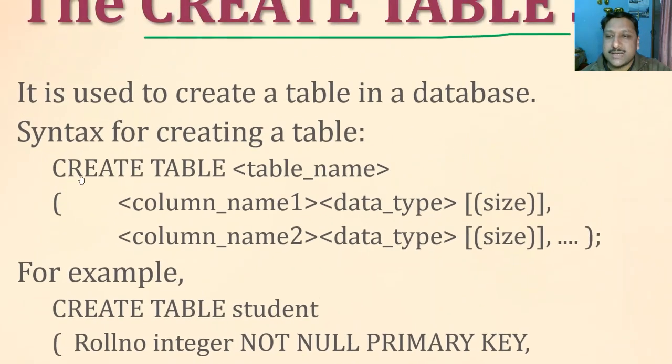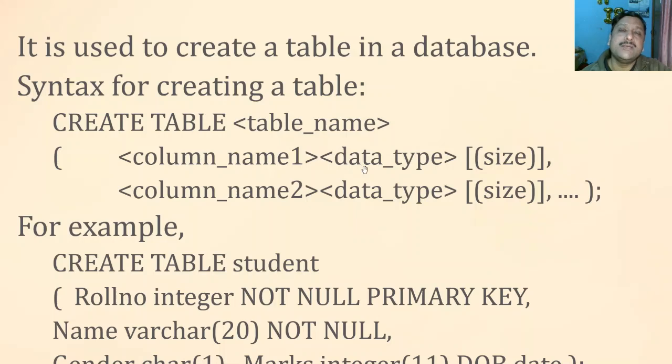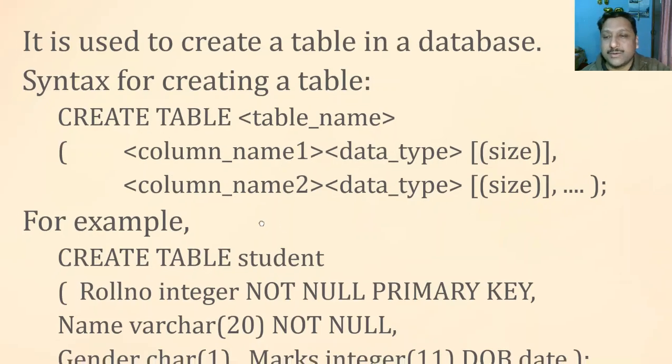Create table, then the table name, and within brackets you write the column name, then data type, then size. If the data type needs a size, then the size is to be given, and then one or more column names can be given, and so on. We can add as many columns as we need, and each column must be preceded by the data type and the size of that column.